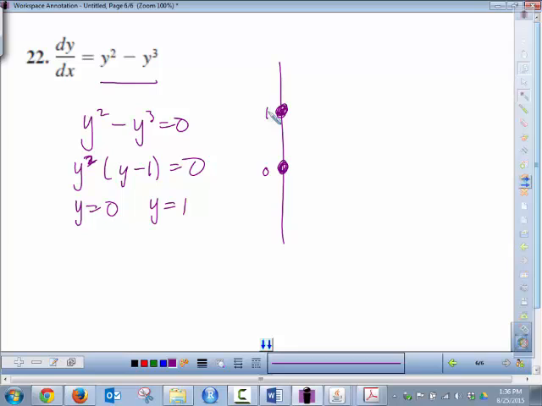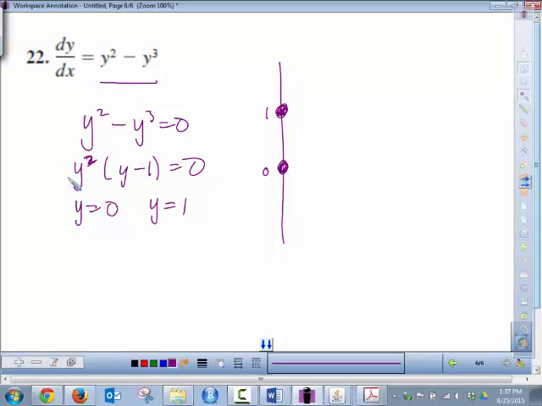And now I want to figure out what happens between these things to figure out whether these are attractors or repellers. And then that'll give me some idea of how my phase portraits would look, or how the graphs of my solutions would look. So how would we do that?